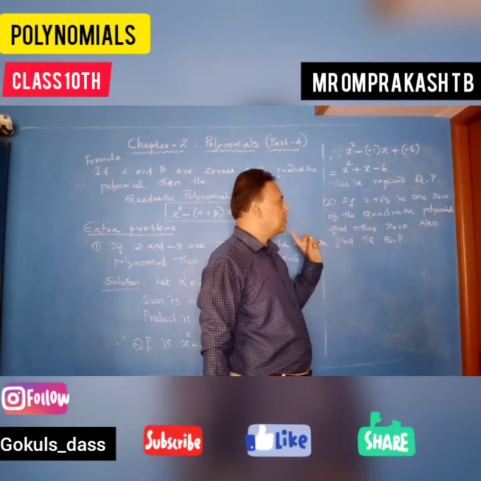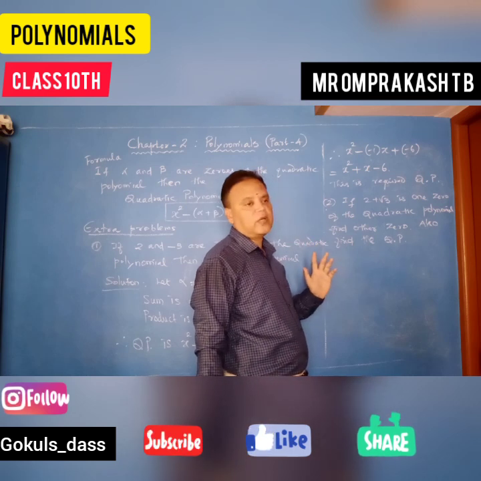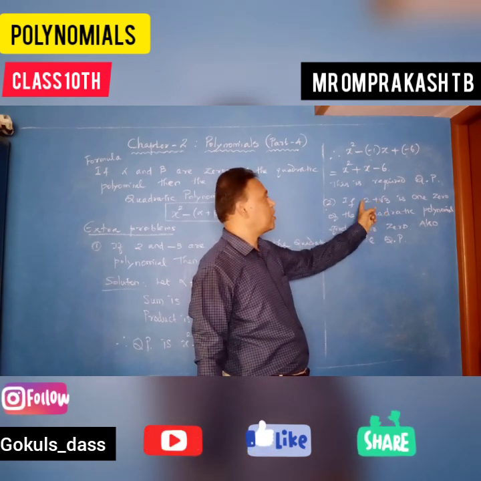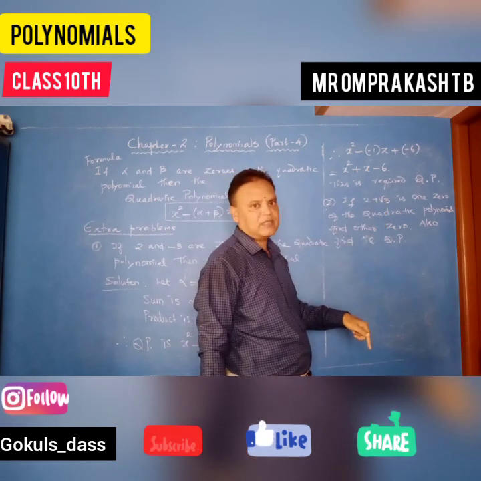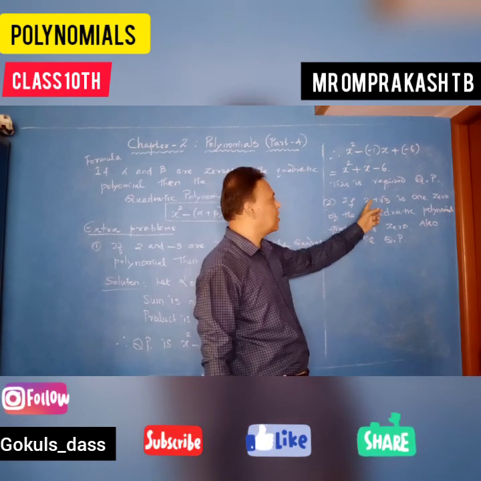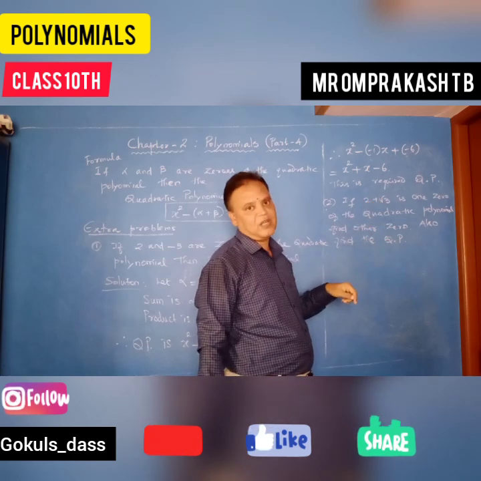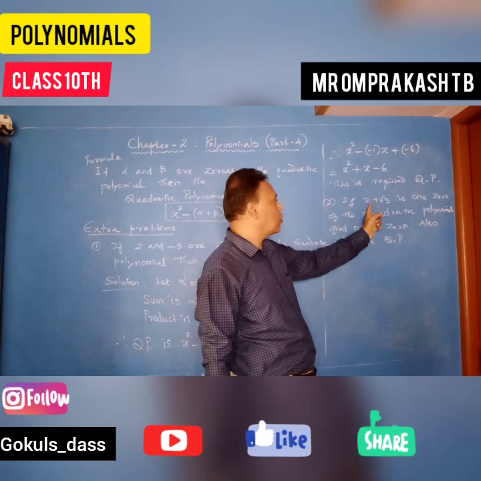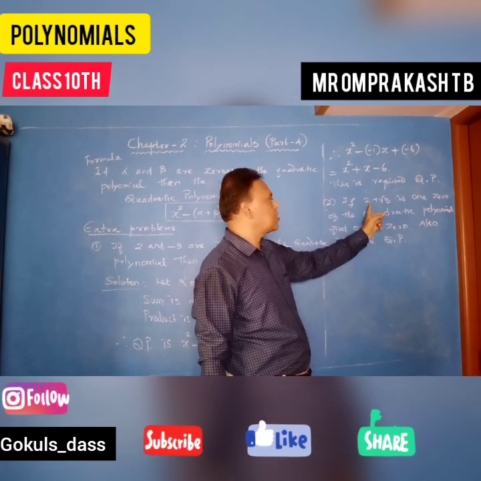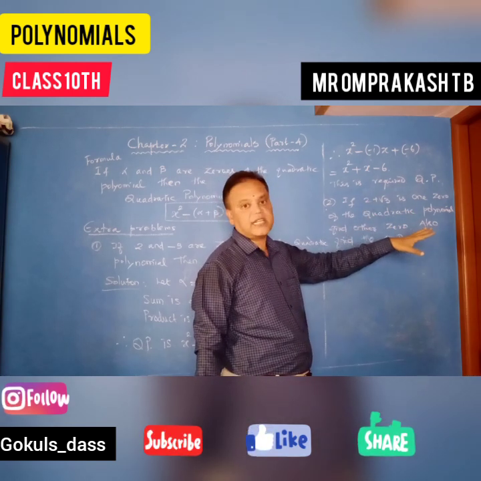Only one zero is given. So how will you find the other zero? What type of number is this? 2 plus root 3 is an irrational number. So irrational numbers come as conjugates of each other. So when one zero is given, the other zero you can write automatically. The conjugate of this, 2 minus root 3, is the other zero.